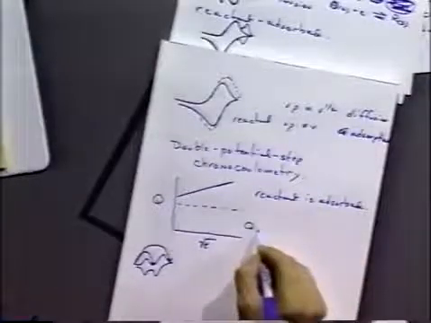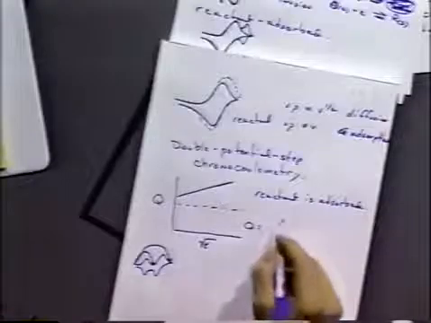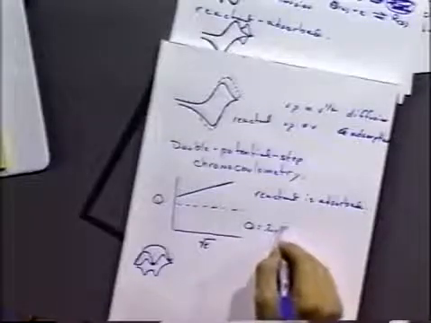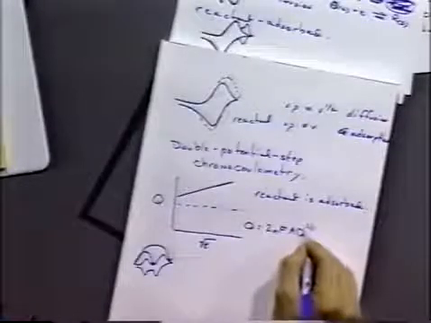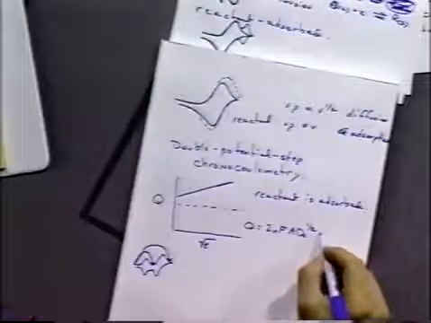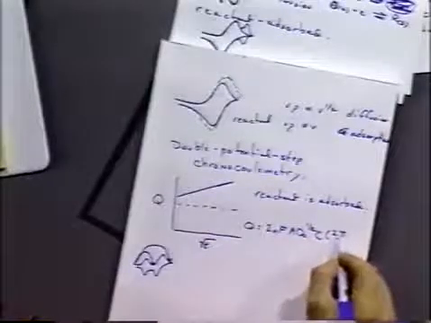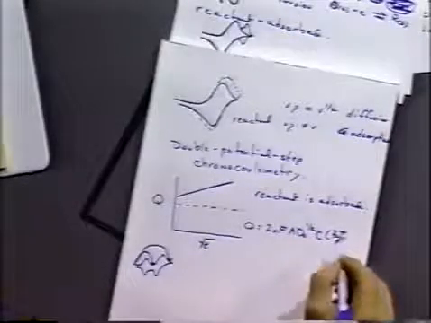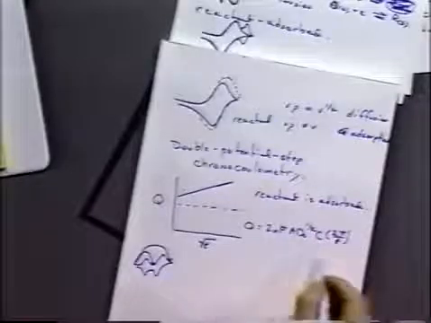Well, remember our equation for that. Q is equal to 2nFAD0 to the 1/2 C times the square root of t over pi. This is our Cottrellian type boundary conditions for chronocoulometry. That's the diffusional part.